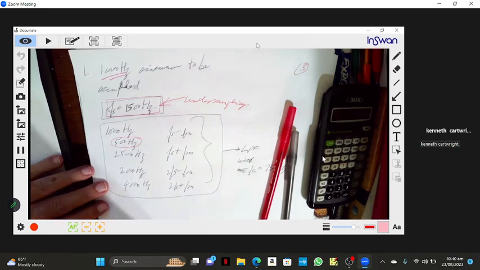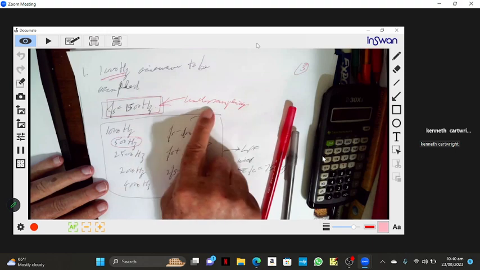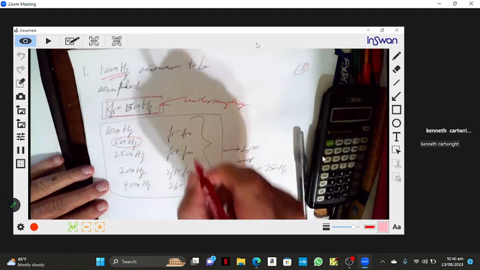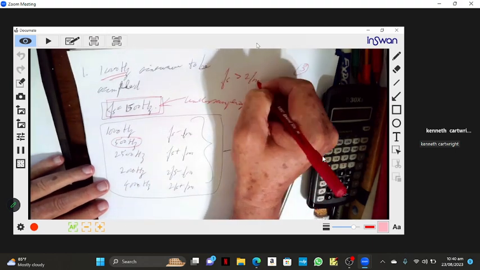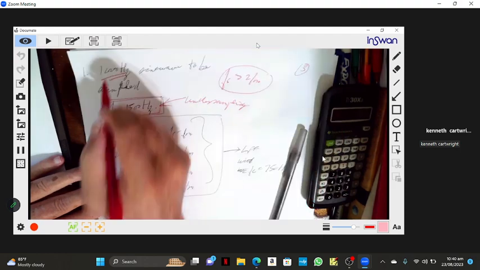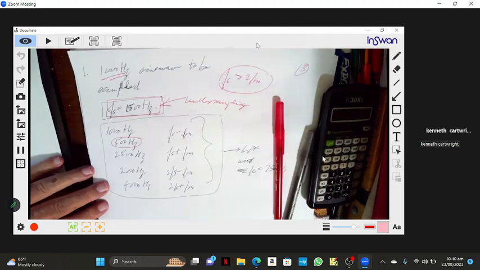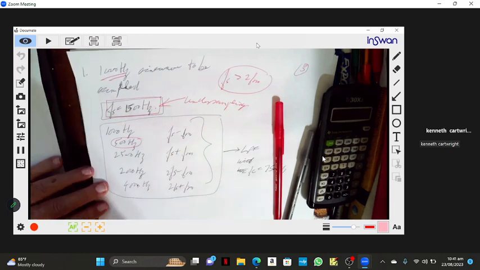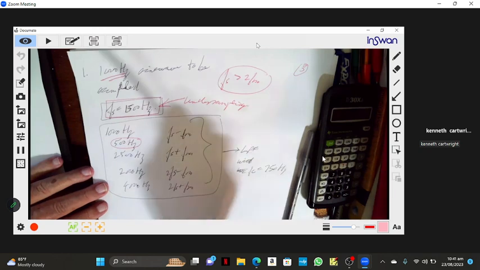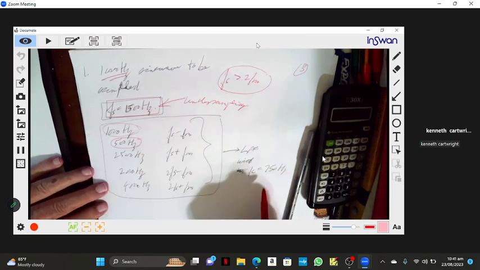And if we use less than the minimum, why is it 2,000? Because FS is greater than 2 FM, and FM is 1,000. So FS should be 2,000 minimum. But instead, I'm going to use 1,500 hertz, less than the minimum. And what do I retrieve? I don't get the original back because that's greater than 750.